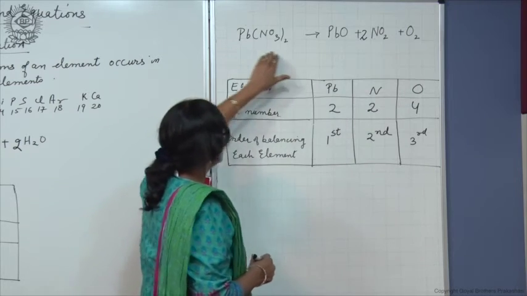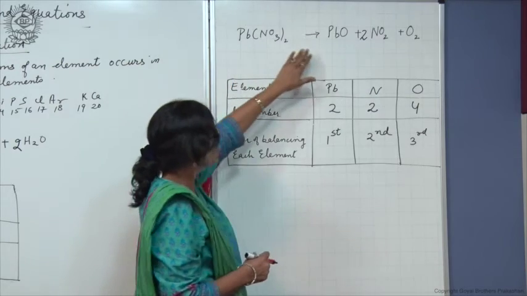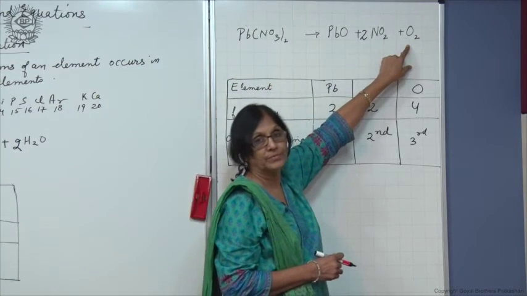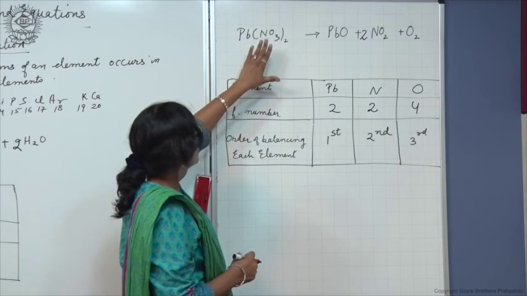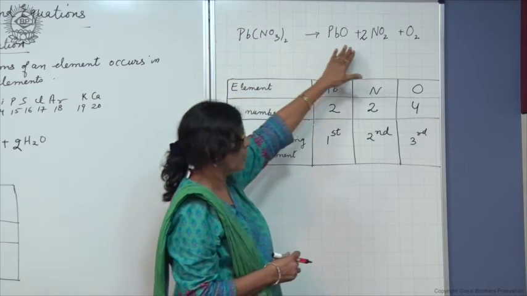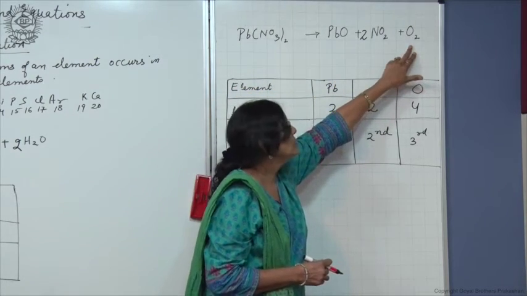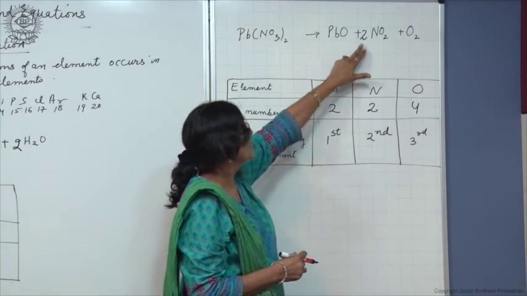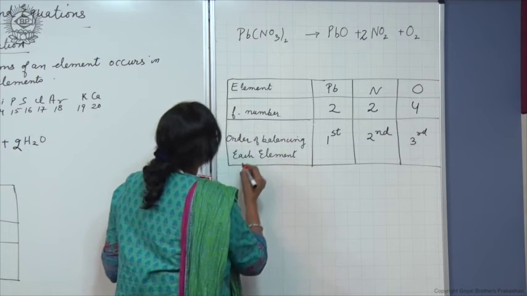The whole equation can be multiplied by 2, or rather should be multiplied by 2, except this. I will repeat, if the number of atoms of an element on one side is even, other side is odd, and the element is present in its elementary form, not in the form of a compound as in these cases, then the whole equation will be multiplied by 2. Let us see what happens.